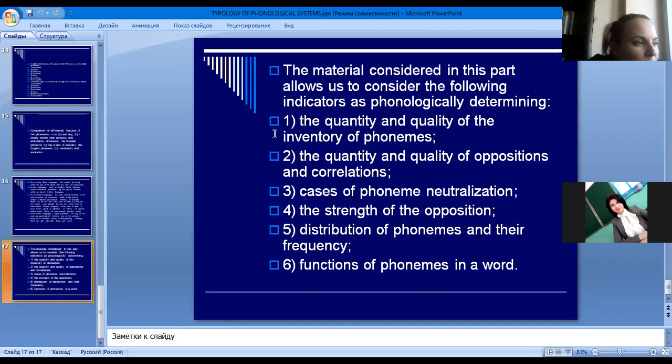This confirms the opinion of Tarsuev, who believes that for determining the typology of a phonological system, the most important is the system of phonemes, including differential features and the ratio of subsystems such as vowels, consonants, and so on, the frequency characteristics of phonemes and their functional load.